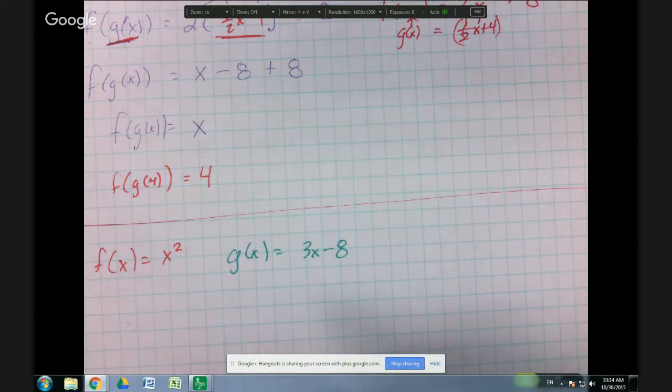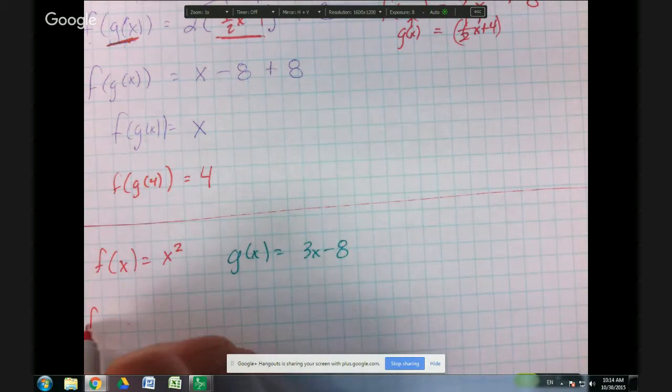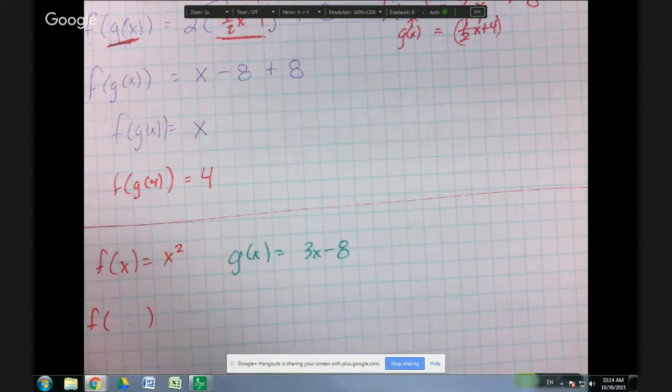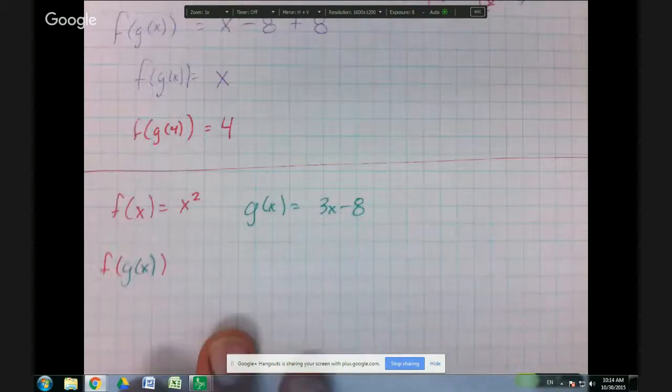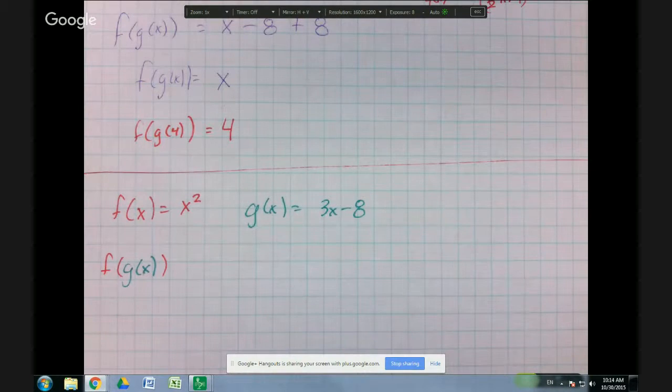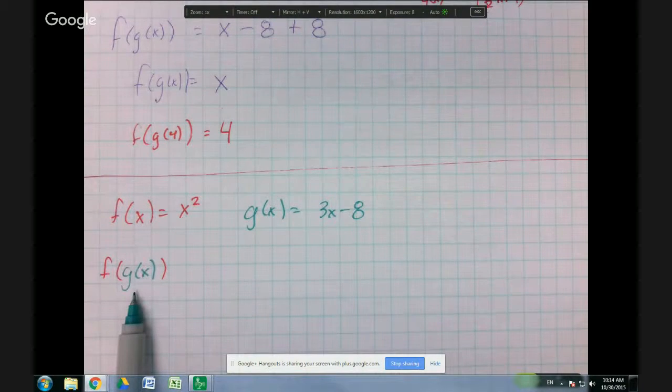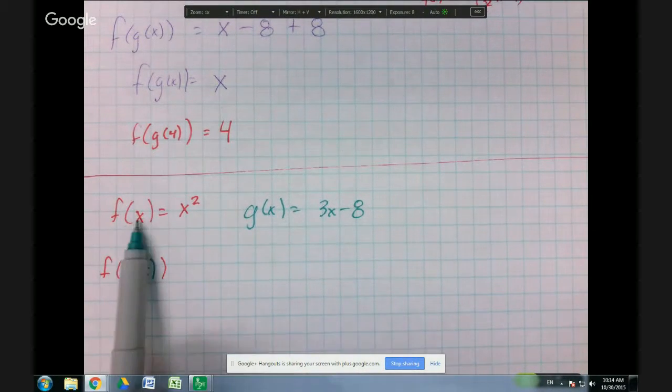Okay, see how I put g in for x? I've substituted g of x in here, right?